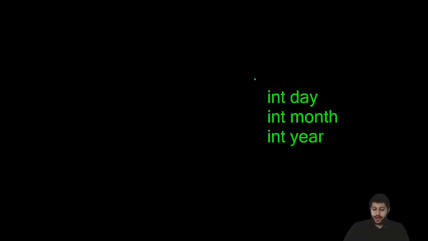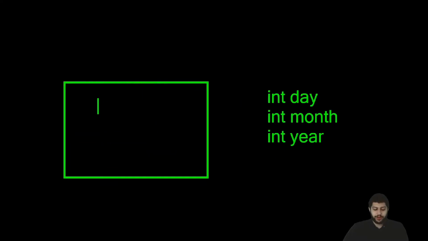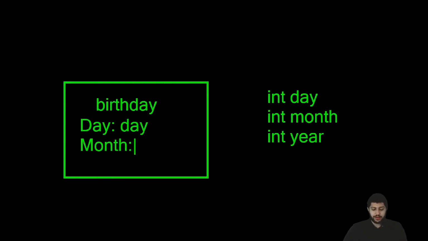Now imagine if we had three variables, day, month, and a year. This is way worse to work with than having a single birthday object that labels them in such a way: day, this is our day variable; month, this is our month variable; and year, this is our year variable.